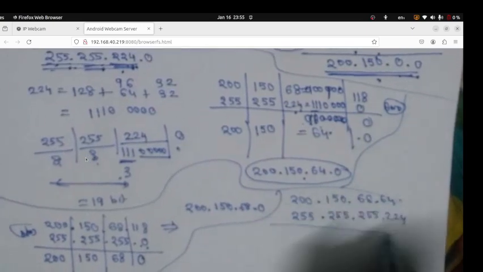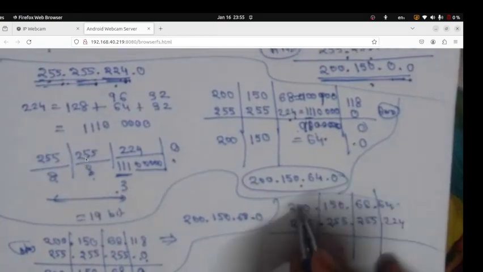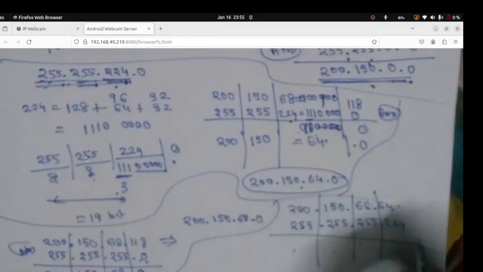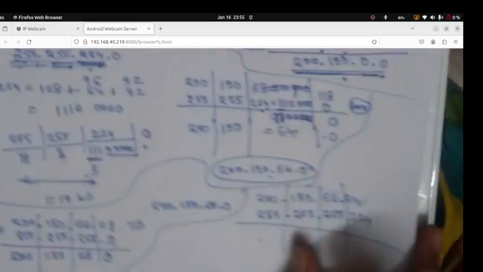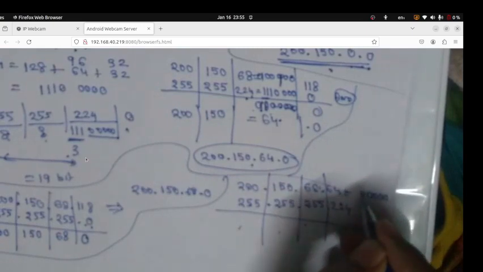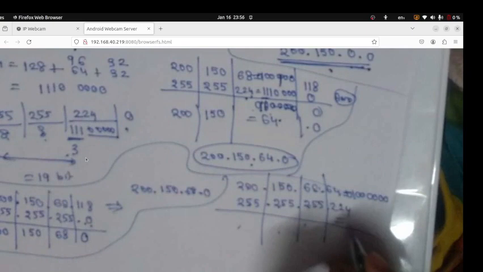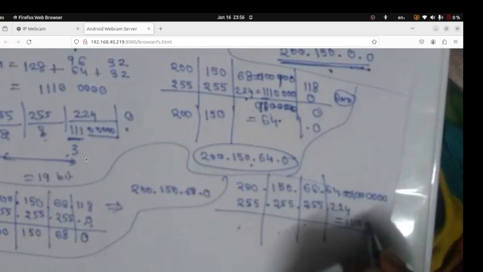So only this 255 part I don't have to do anything because the value will be as it is. Only the last octet value will be changing. So 64 means its binary equivalent is 1, 2, 4, 8, 16, 32, 64, 128.